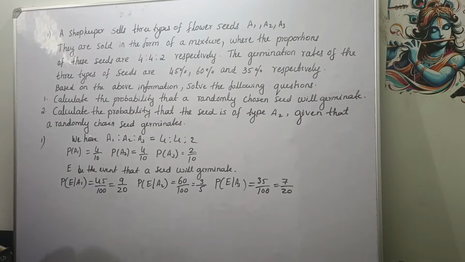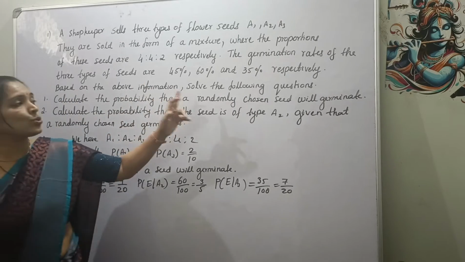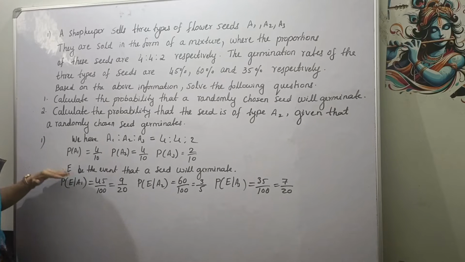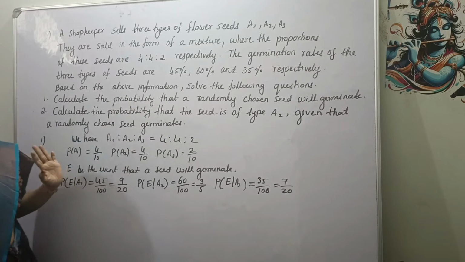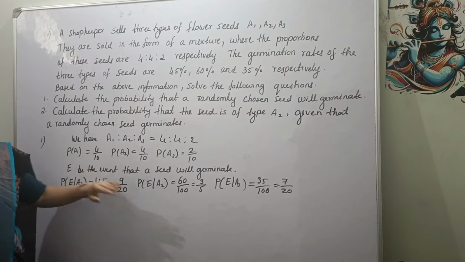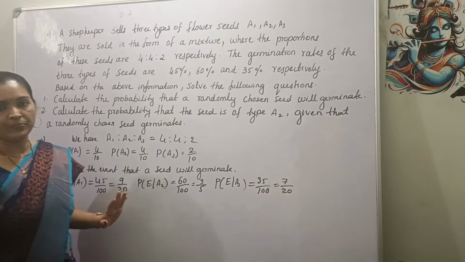Now see here what we have to find. We have to find the probability that a randomly chosen seed will germinate. That is, we have to find probability of E. So here, we have probability of A1, probability of A2, probability of A3 and probability of E given A1, probability of E given A2, probability of E given A3, right?